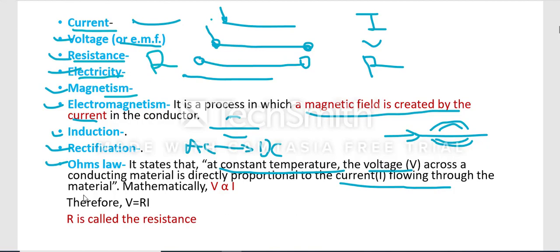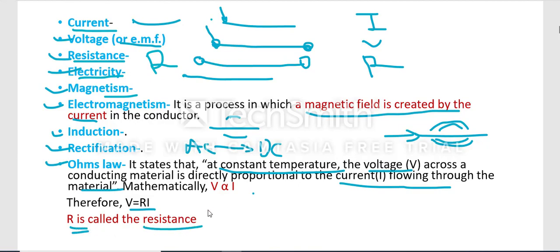Mathematically, V is directly proportional to I. Therefore we can write this equation as V = RI, where R is a proportional constant, known as resistance.